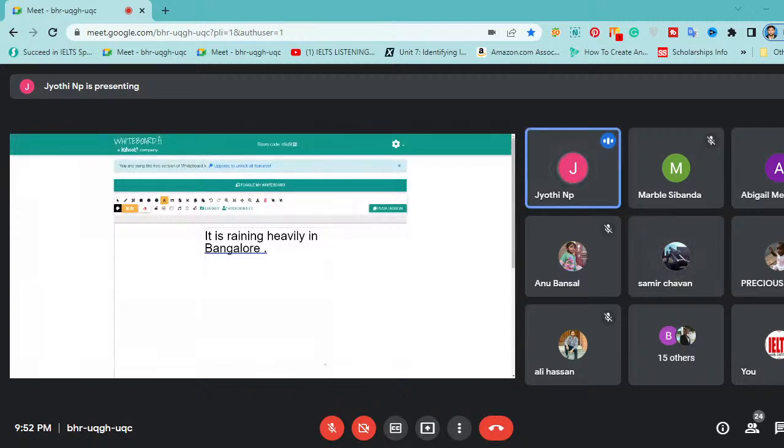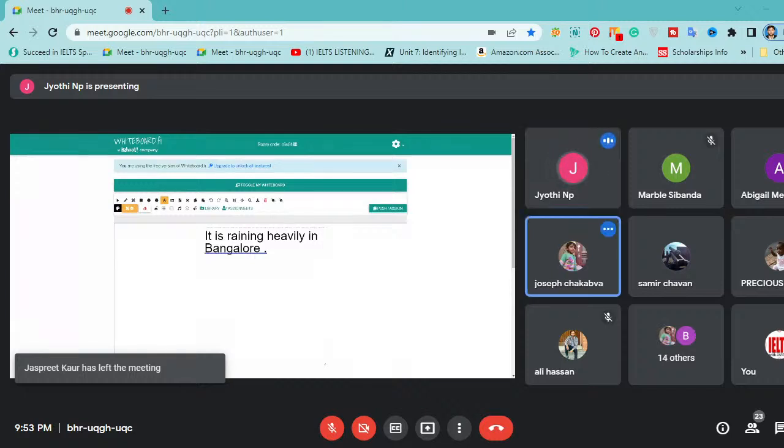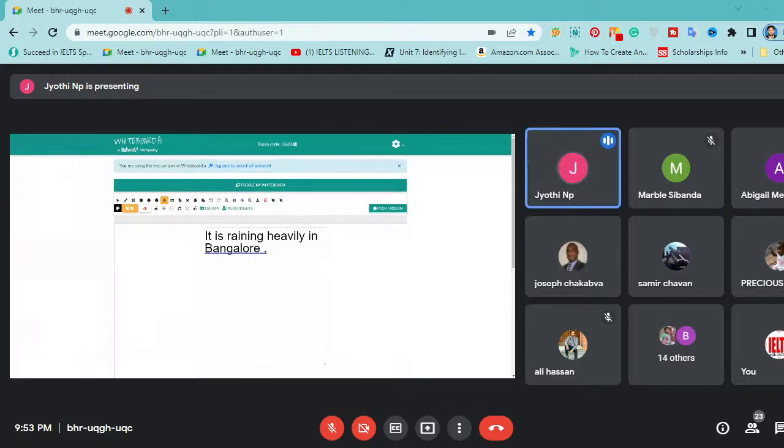No, actually, Bangalore is not the subject. Here you're not talking about Bangalore, but about what is happening in Bangalore. It is raining. So the subject is it, the indefinite pronoun. I took this because you won't always get nouns as the subject.